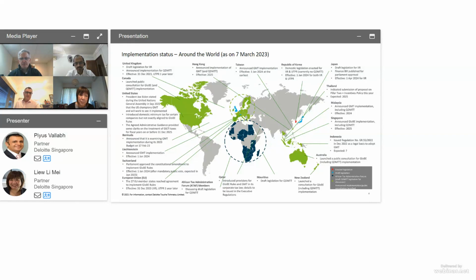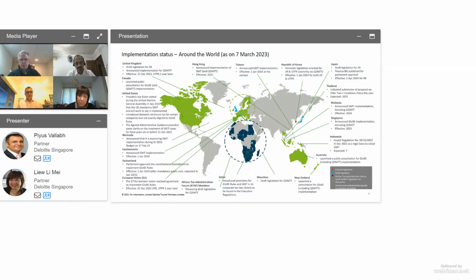If we drill down on Asia Pacific, there are a number of differences in terms of where everyone is at. You have countries that have enacted domestic legislation for IIR and UTPR, for example, South Korea, which will be effective from 1 January 2024. Some countries like Japan have drafted domestic legislation which is subject to approval by Parliament.